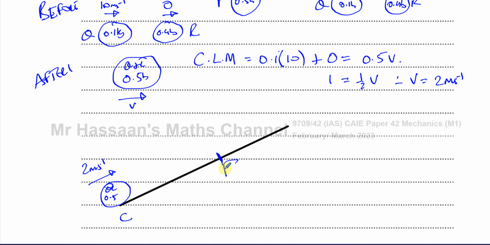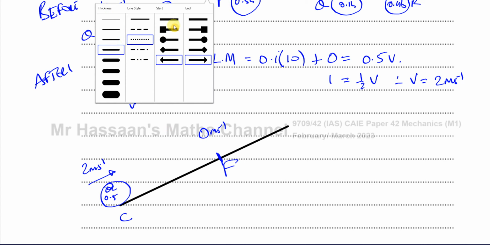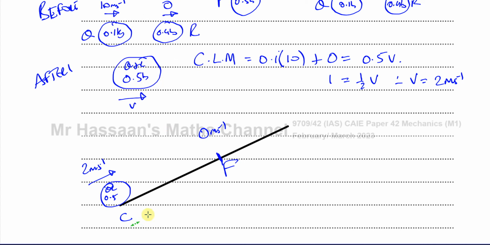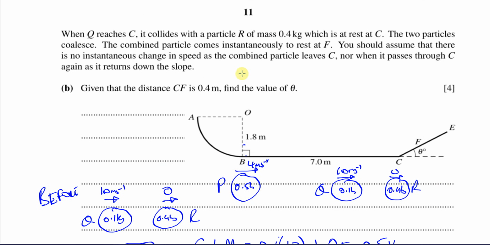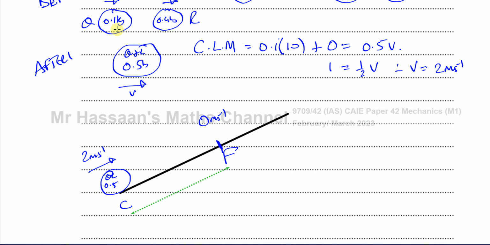Its speed when it reaches F is, of course, 0 meters per second, as it comes to instantaneous rest. The distance between C and F, as we're told in the question, is 0.4 meters. I'll put that a bit higher up there, so there's more space to work.